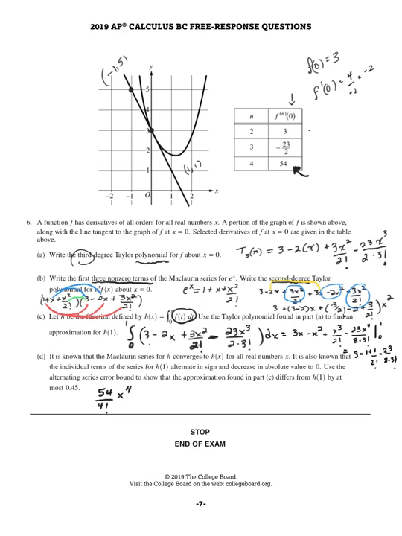So when we go to integrate this, 54 times x to the 4th over 4 factorial, we're going from 0 to 1. So we get 54 x to the 5th over 5 times 4 factorial.